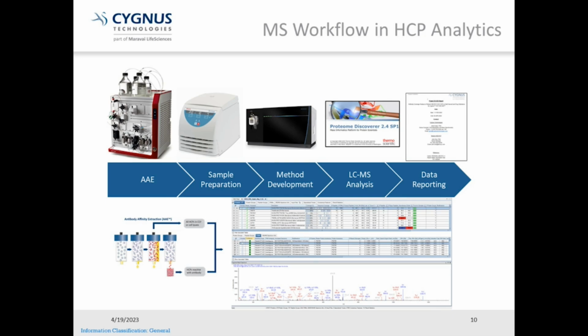Custom LC-MS methods are then developed for the specific host cell line, drug substance, sample matrix, and purification process. After method development, samples are run by liquid chromatography mass spectrometry on a high-resolution accurate mass spectrometer, such as an Orbitrap-based instrument as shown here.